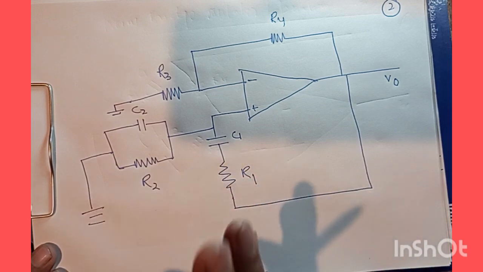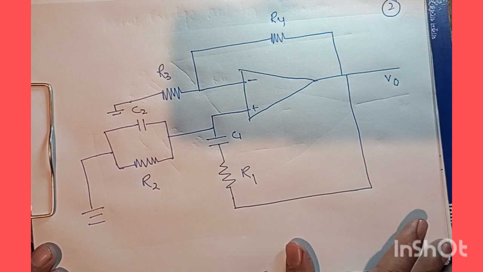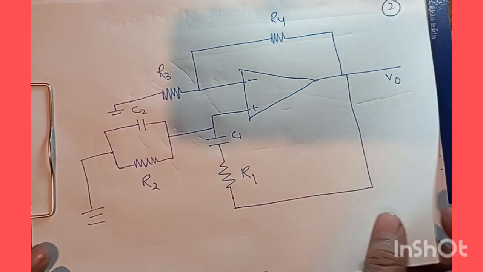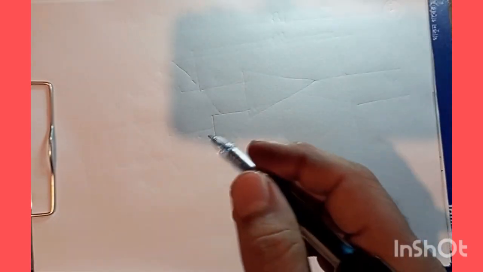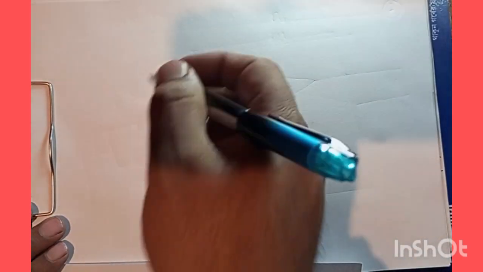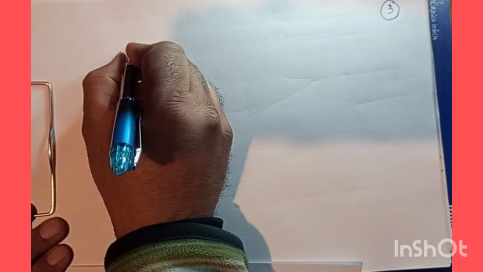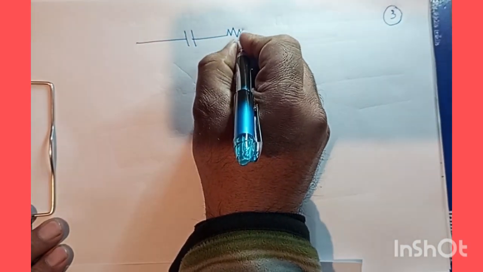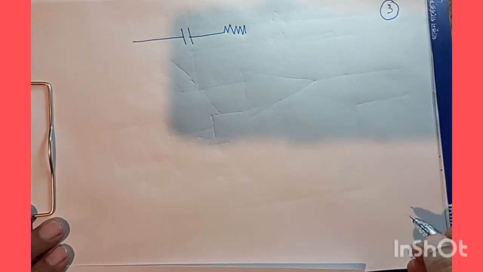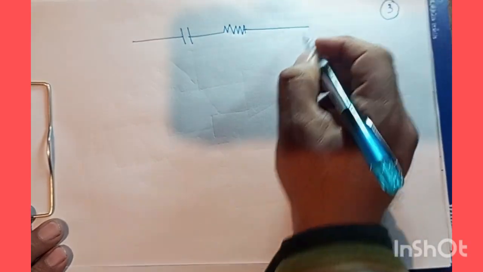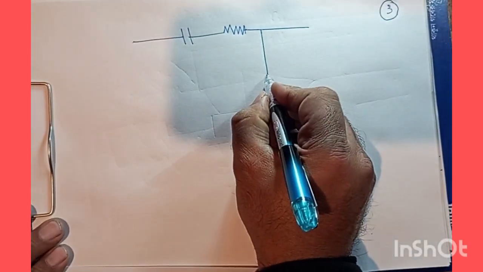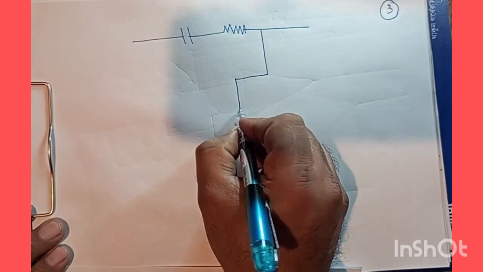So in order to do that, let's move on with an assumption here that we have a capacitor, we have a resistance. Then we have the parallel combination.